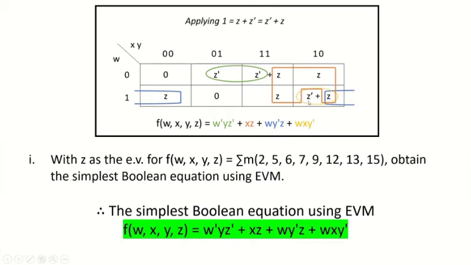As understood, 1 equals Z prime plus Z, so this yellow dotted data is understood as 1, and we get this yellow data. Lastly, all of them plus the green data form the final answer. So coming back to the question, the simplest Boolean equation using EVM is the highlighted equation.